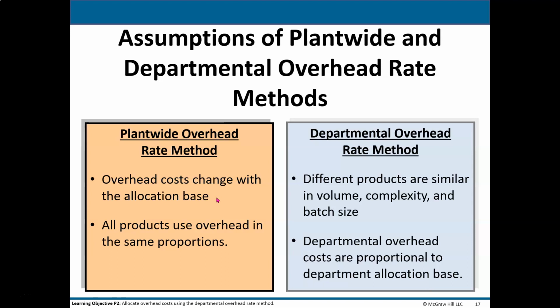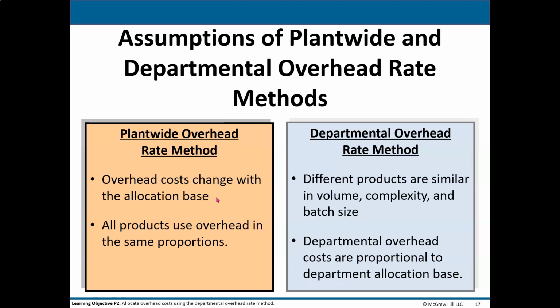Now, the departmental overhead rate method assumes that different products are similar in volume, complexity, and batch size, and also that the departmental overhead costs are proportional to the department allocation base. When products differ in both batch size and complexity, they usually consume different amounts of overhead costs. This can distort product costs as well.